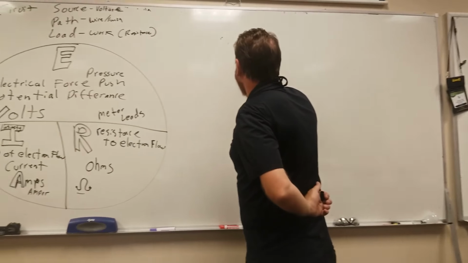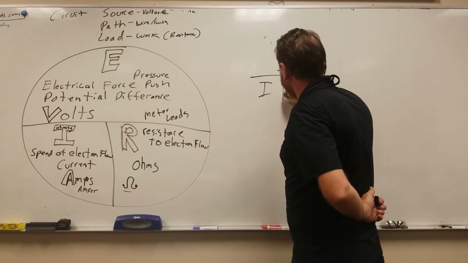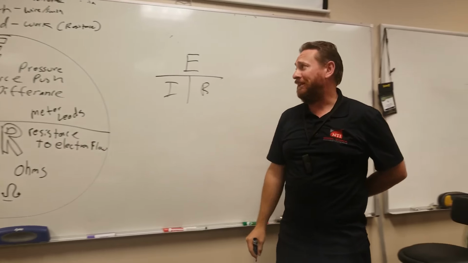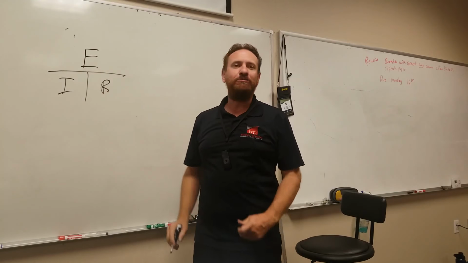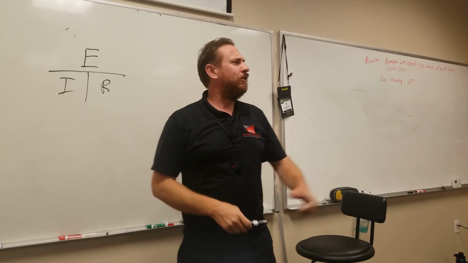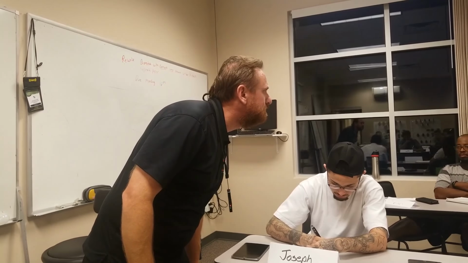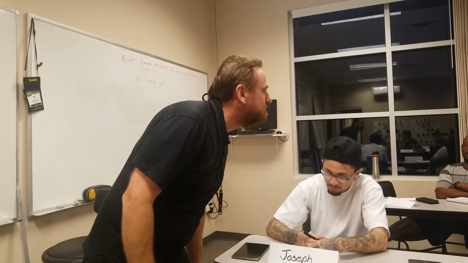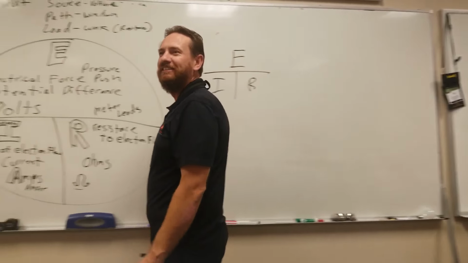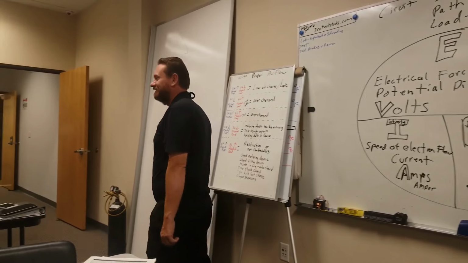Ohm's law is E over I and R. Some people put that in a triangle, some people put that in a circle, but this is Ohm's law. So if in an interview they ask, sir, what's Ohm's law? E over I and R. That's what you say. It's the easiest way to give that answer.